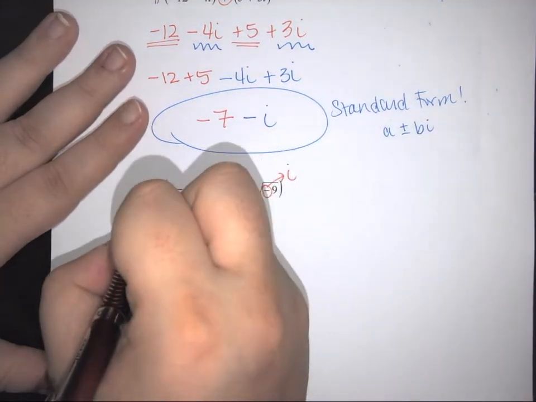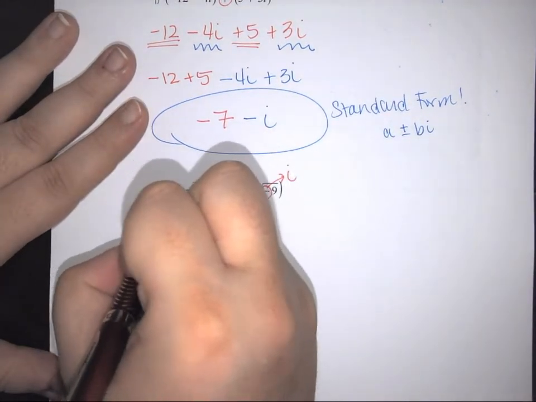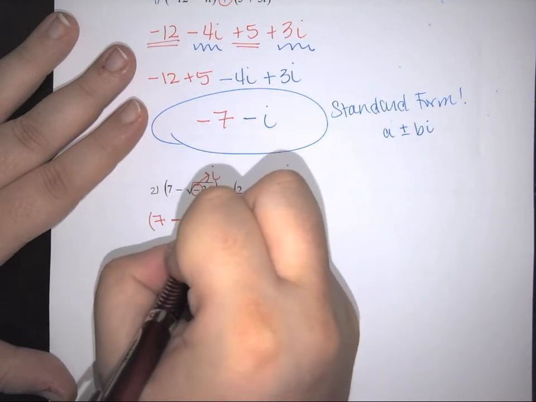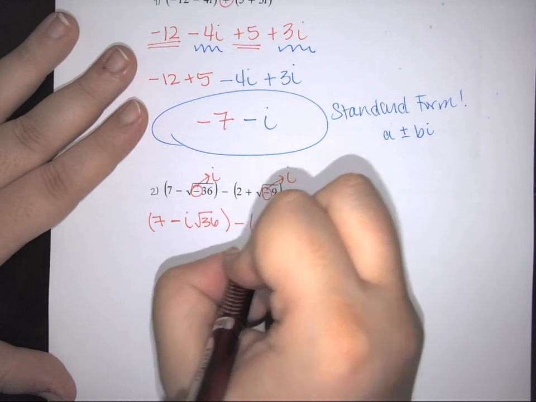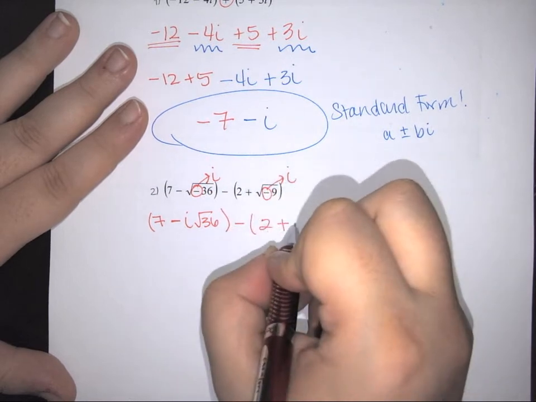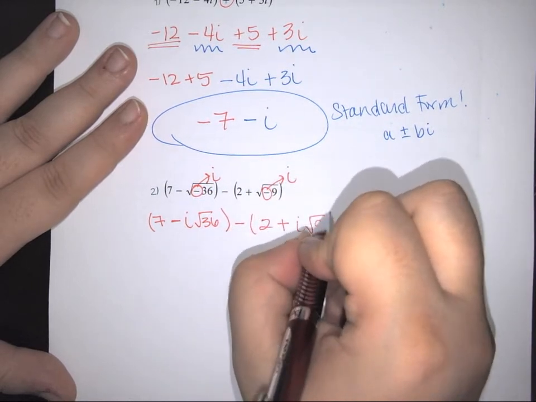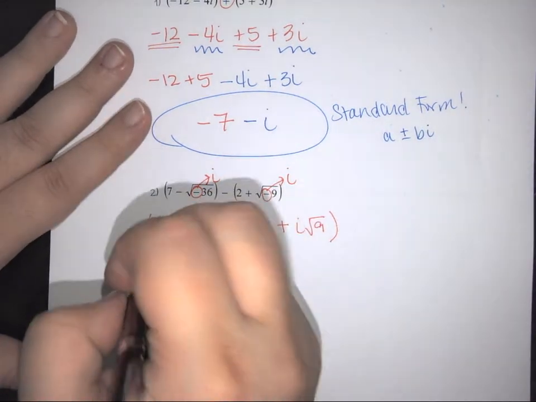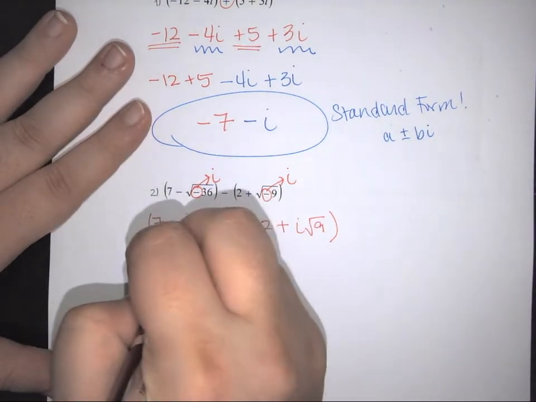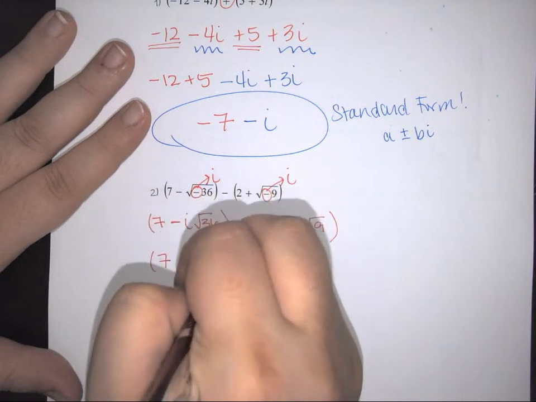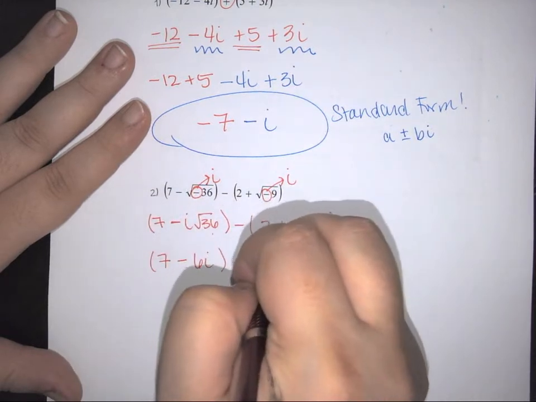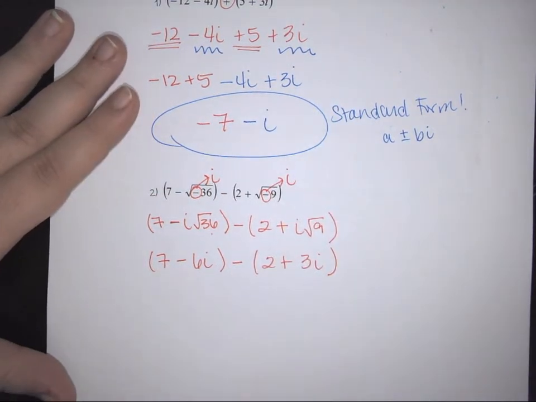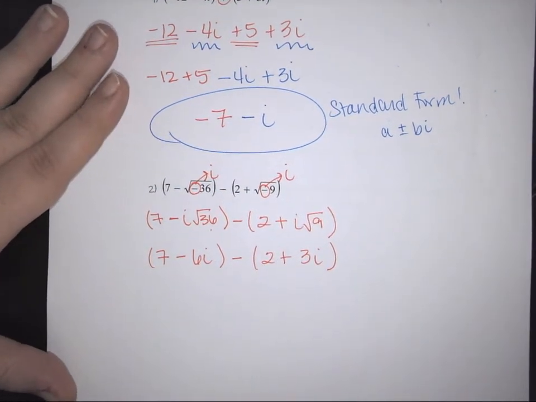This means I have 7 minus i square root of 36, and then this is minus 2 plus i square root of 9. Well, square root of 36 is going to reduce, so this is going to become 7 minus 6i, and then minus 2 plus 3i. Once you get down to this form, now you can combine.